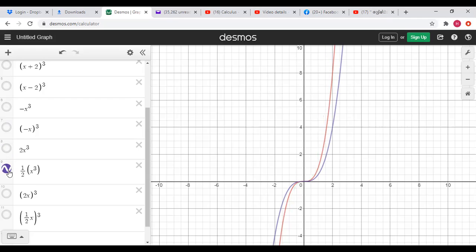Now, if you replace x with 2x, it means whole number times x.